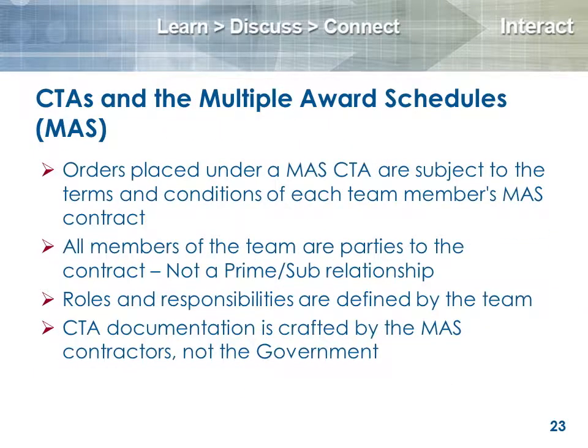And when I say a total solution, it's easy to think, I've got a supply item, I do my market research, and this schedule meets my need. I've got a service requirement, and this schedule meets my particular need.